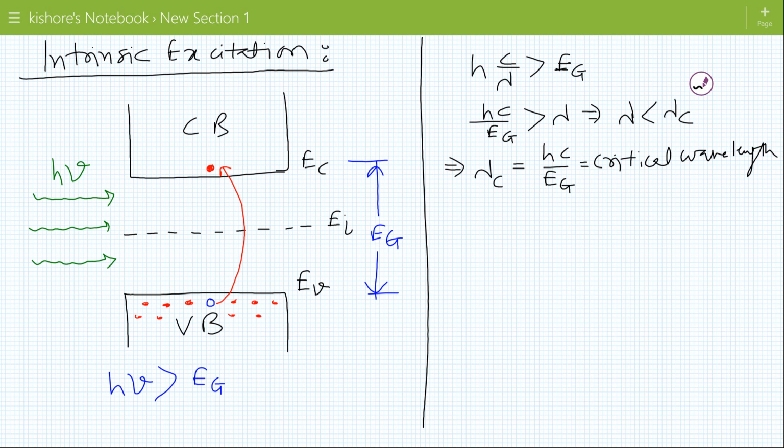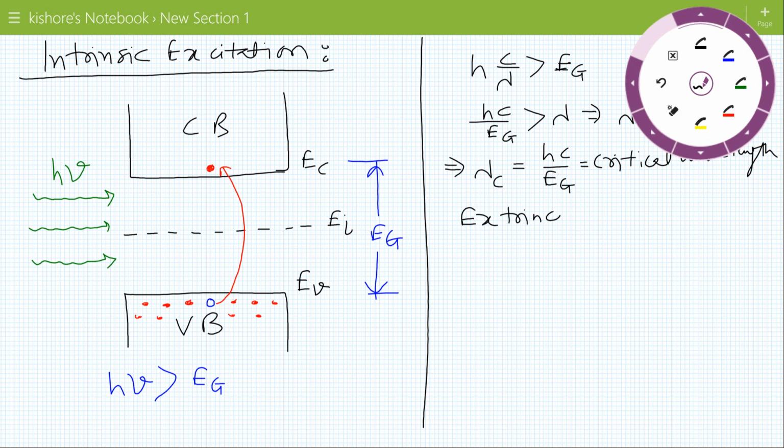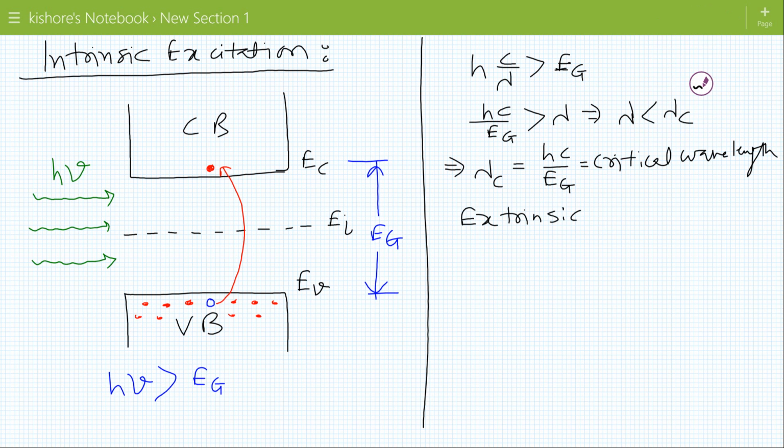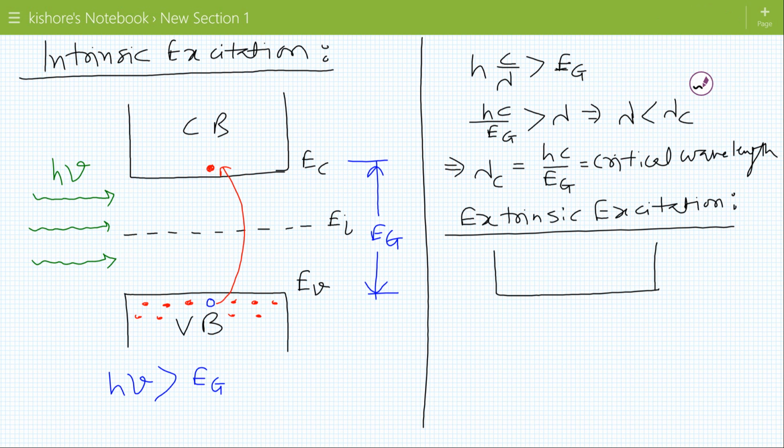Now, extrinsic excitation. In extrinsic excitation, suppose we have an n-type semiconductor.